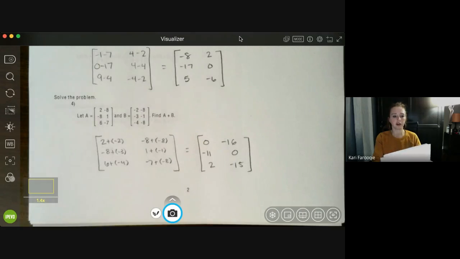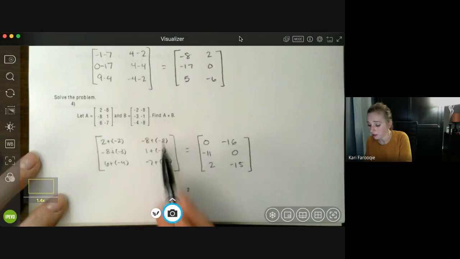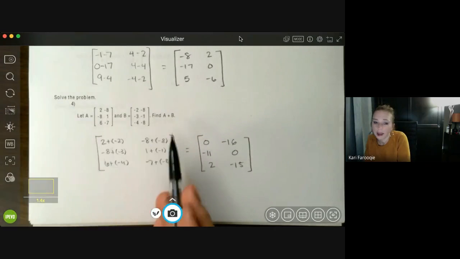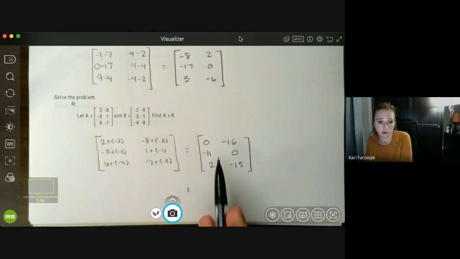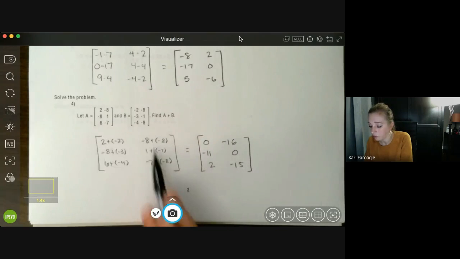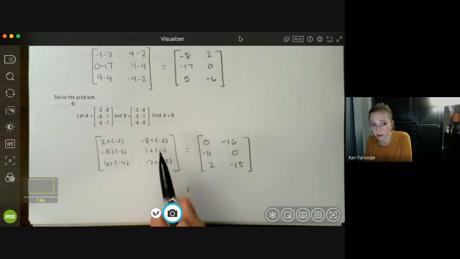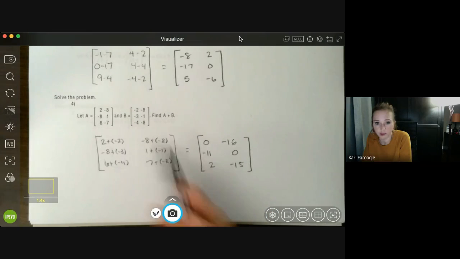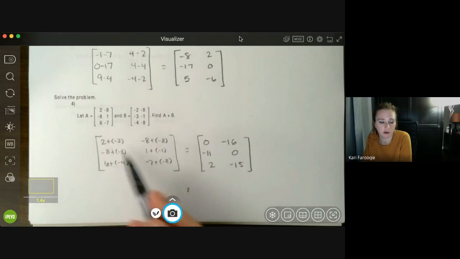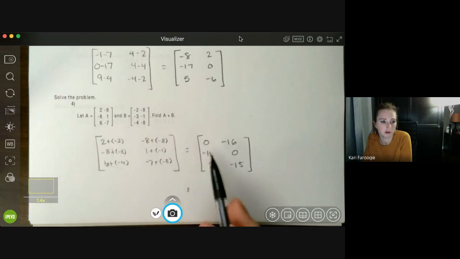Now, like I said, on a test, this is something basic enough that if you did not include this step, I'm okay with that, because there's not a whole lot to show here. If you can do this, then you can do that, and it's not that huge of a leap. So don't feel like you have to write everything, but if you want to write more, and let's say this was wrong, you'll get more points if you write your intermediate work, because then I can say, oh, they knew that they had negative 8 plus negative 3, but maybe you called this negative 5 instead of negative 11.